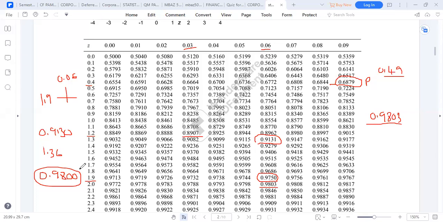So for this one, you need to be very exact. There are two numbers that are close. Which one is close to 0.9800? There are two numbers which are close.